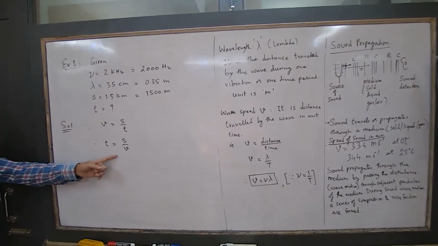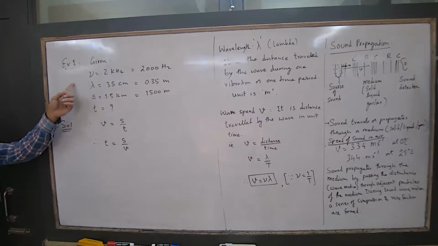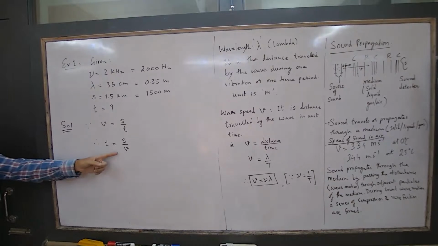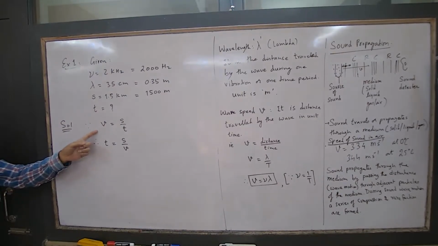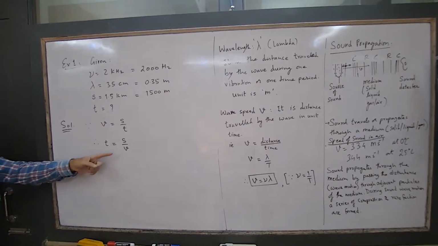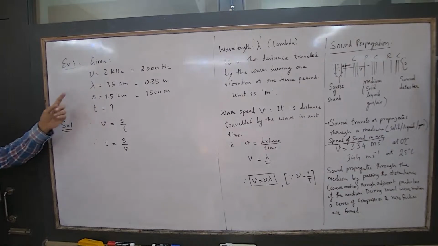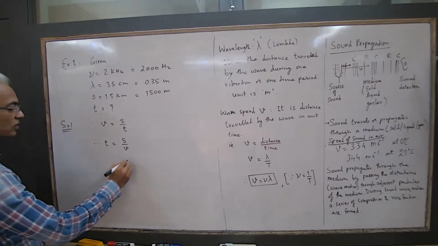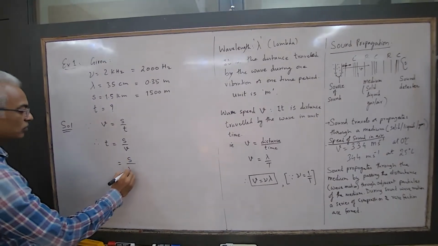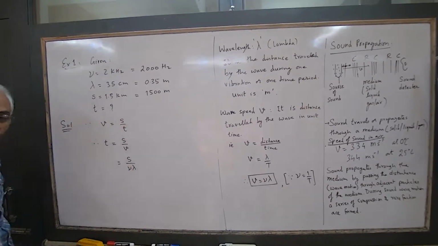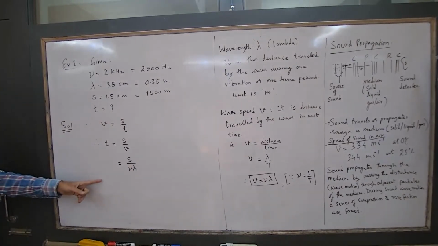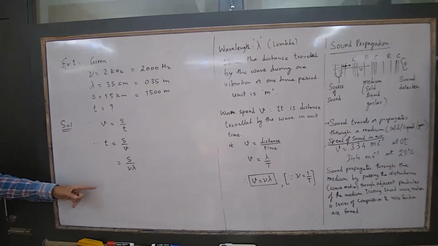So v is what? Speed of the wave. Okay, this is the general formula for speed. And then this is which speed? Speed of the wave. So I can write it as s upon mu lambda. Okay, it is mu into lambda.